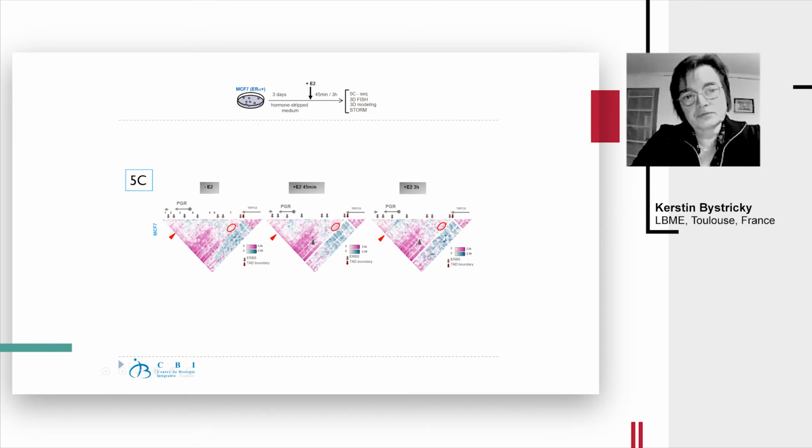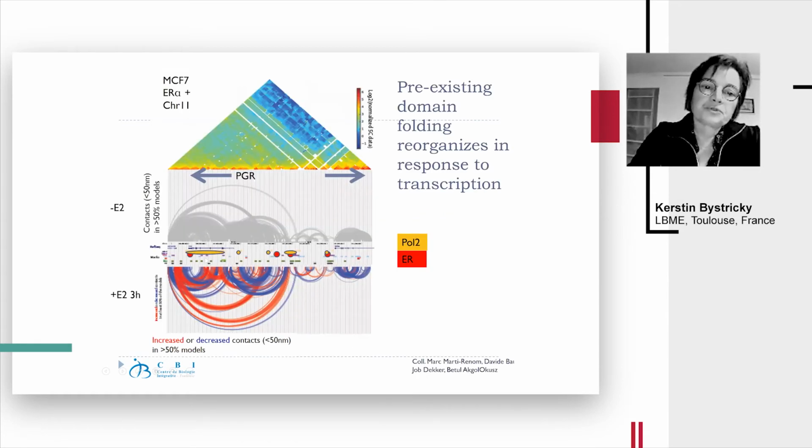So when you summarize this using the models that Mark built, here's what you detect in the bottom panel. You see the loops are still here, but now in 50% of the cells, you see that these 50 nanometer contacts can be increased in red.